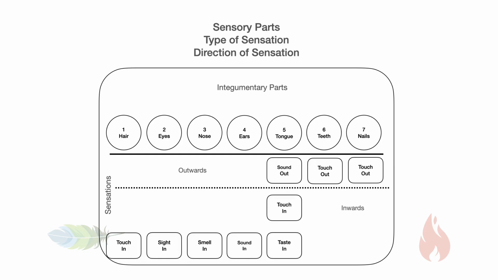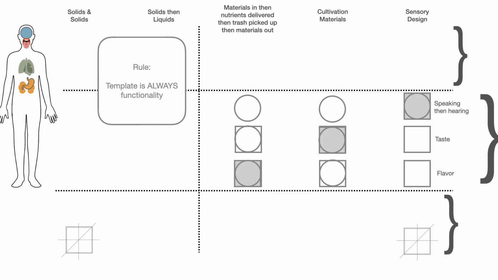Here are the different types of sensory parts. And we're going to put in the sensation type. And we're going to organize which direction it's going for these given functionality little areas here.